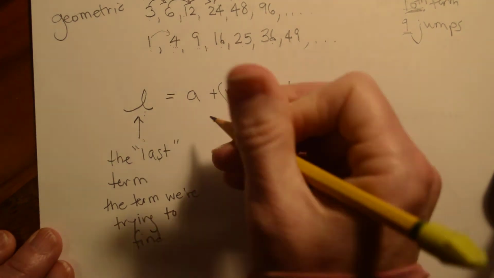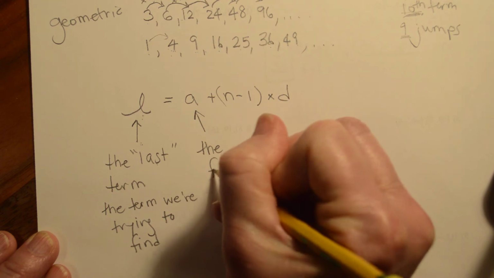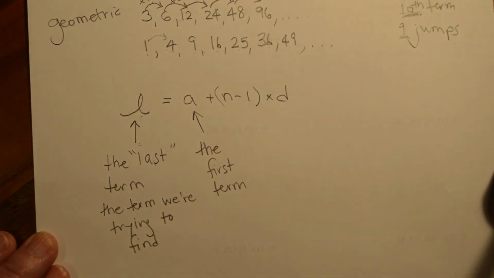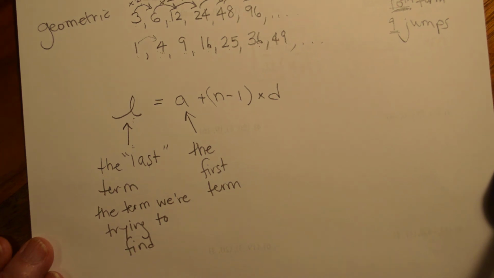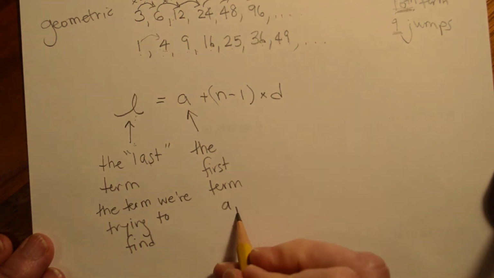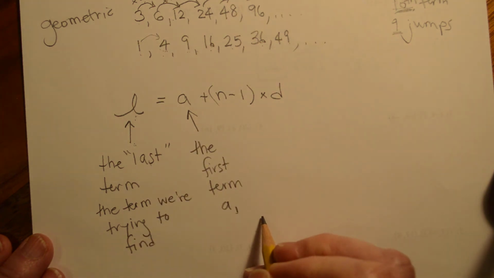Okay. A stands for the first term. And again, if you were to watch a different video about this, they would probably call it something else. They would probably call it A sub 1, meaning the first term, all right? But we're just going to call it A for the first term.